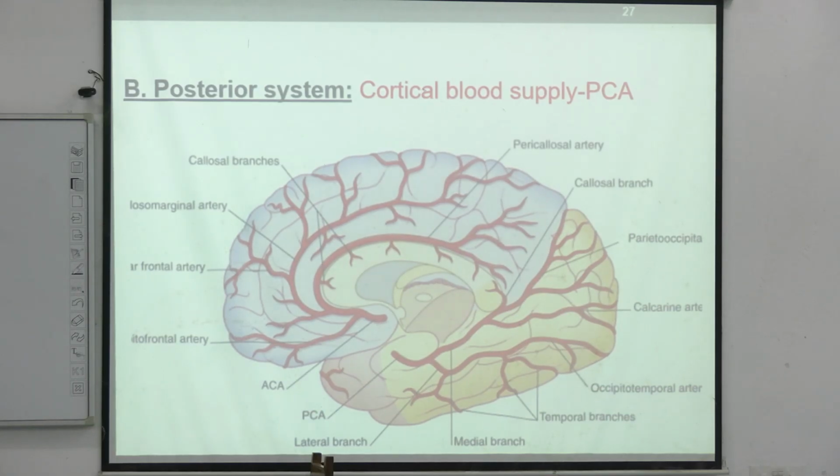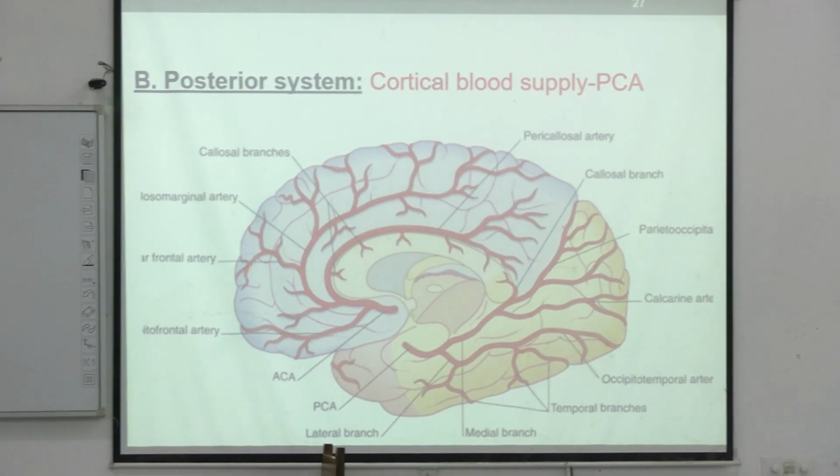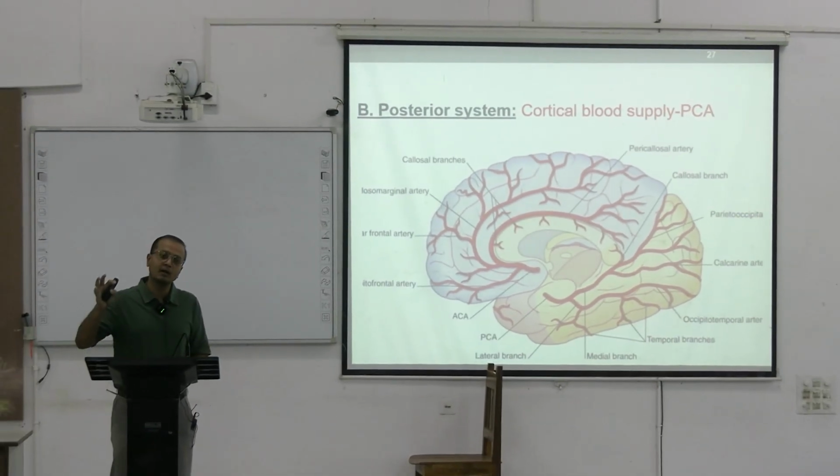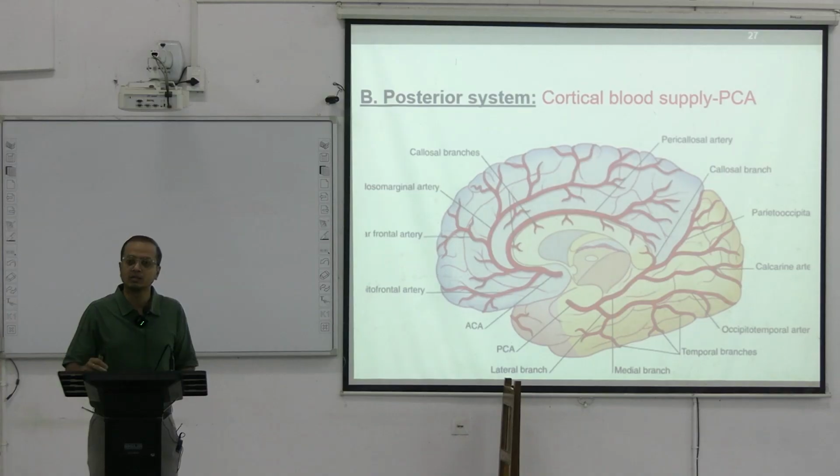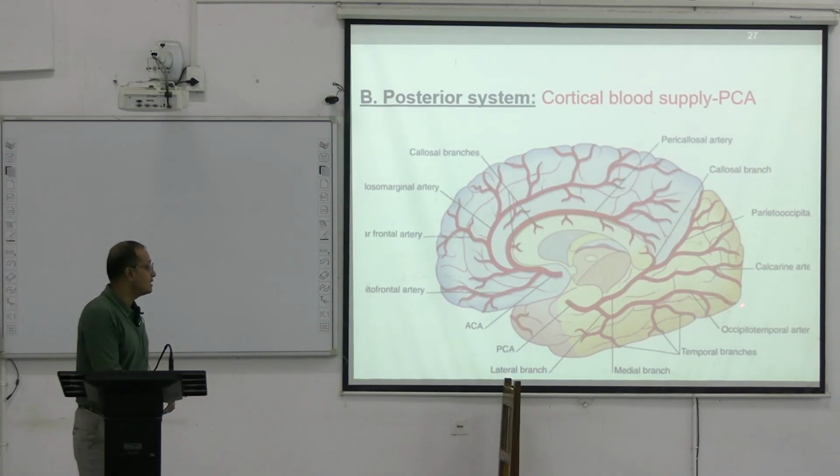Explain why: if you have a middle cerebral artery rupture or cerebrovascular accident, macular sparing of vision occurs. In physiology also they ask about this. That happens because the visual area near the calcarine sulcus has a dual blood supply, coming from the posterior cerebral artery and the middle cerebral artery.